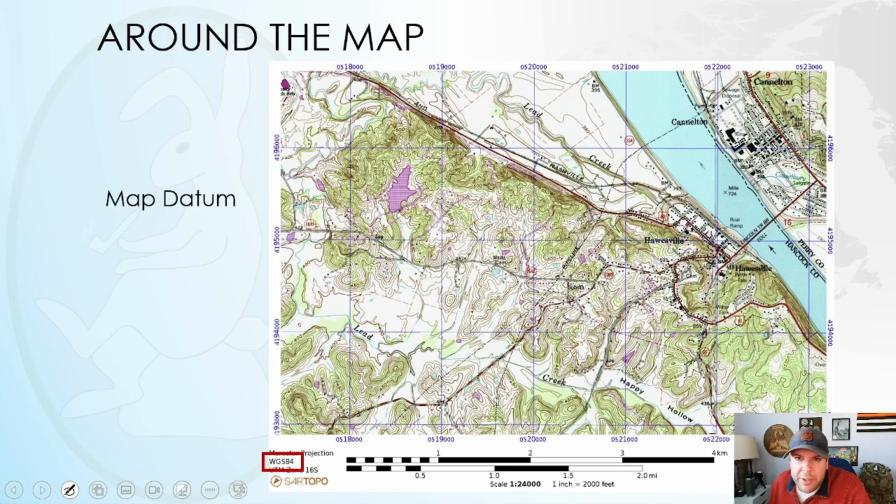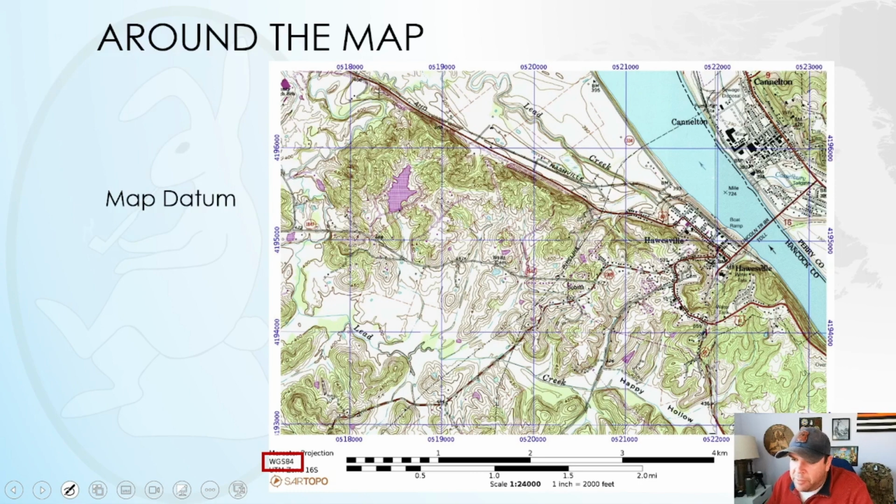The older USGS topographical maps use the NAD 27 datum because this survey was completed in 1984. So a map that was generated in the 1950s is using an older survey. But if you look at the map, it'll tell you towards the bottom what datum they're using, okay?